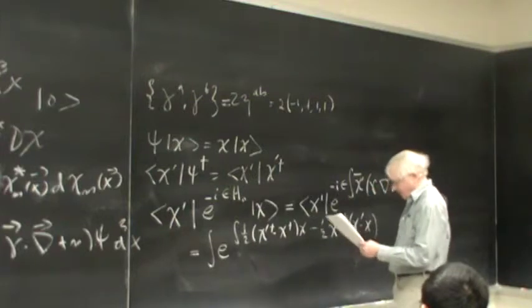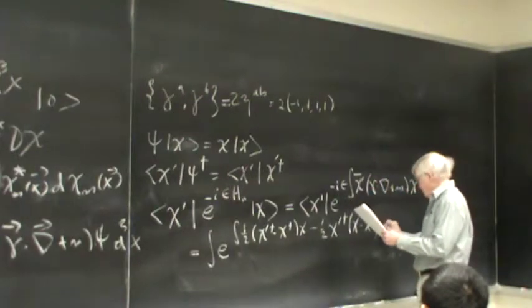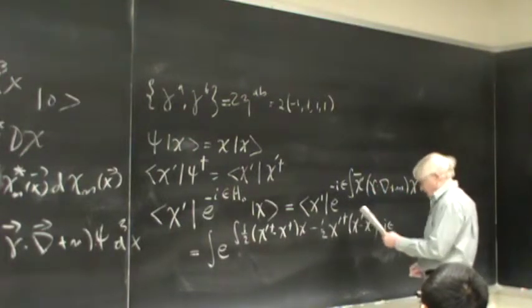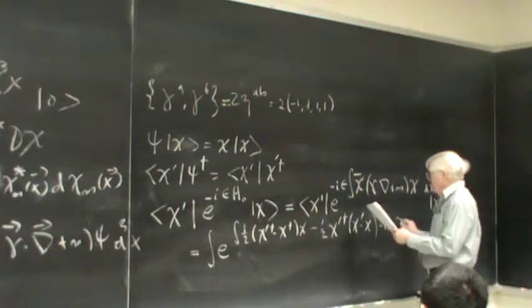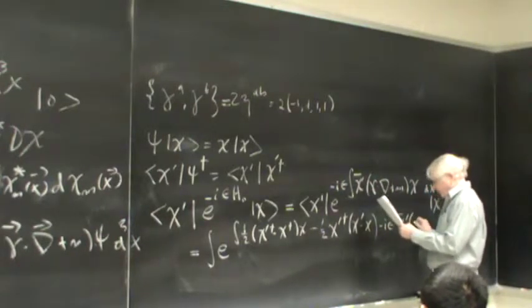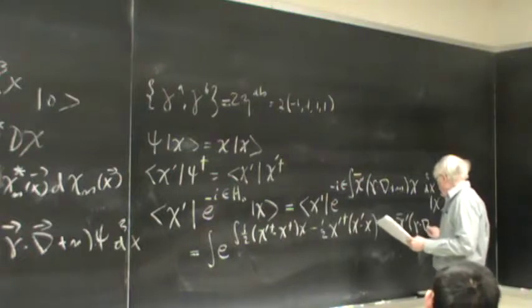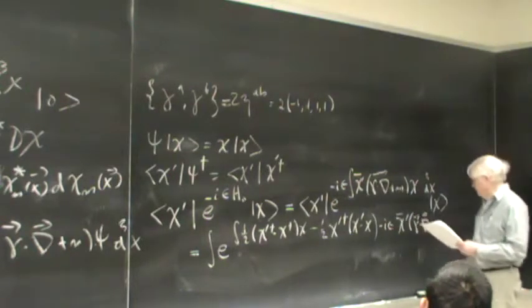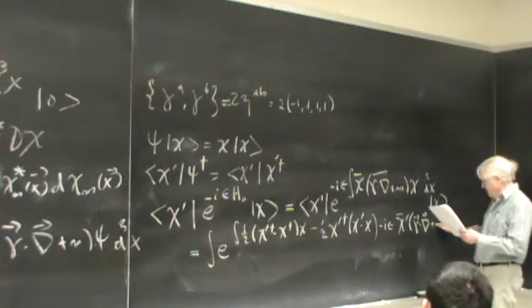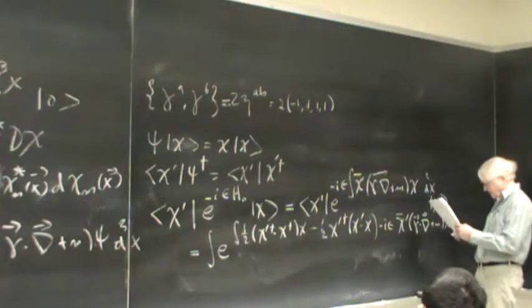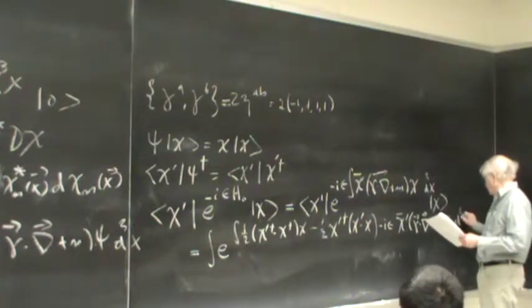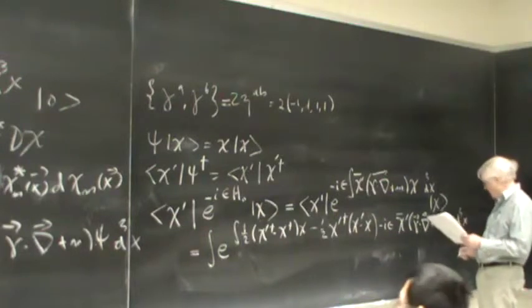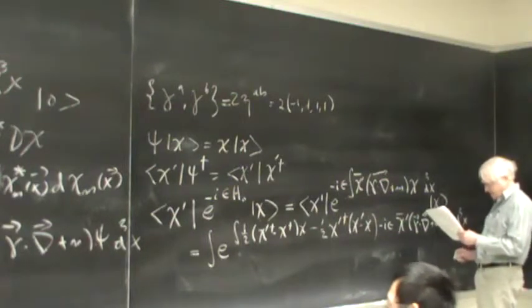So this is just the inner product of the two coherent states. And then minus i epsilon chi bar prime gamma dot grad. This is a 3-vector, of course. Plus m chi, all of that d cubed x. And that's it.